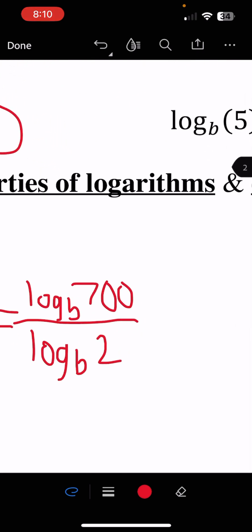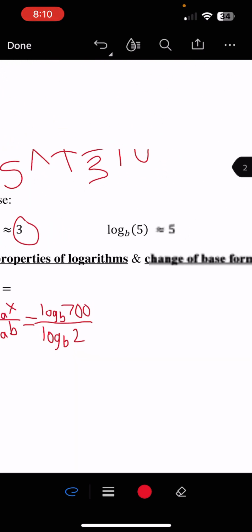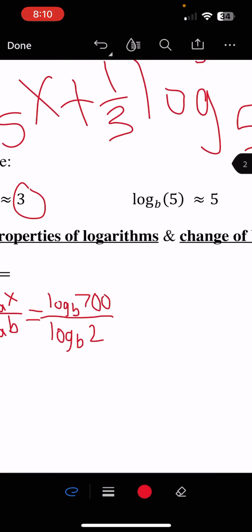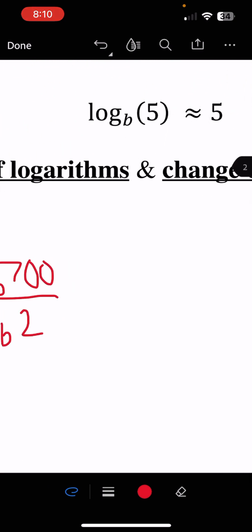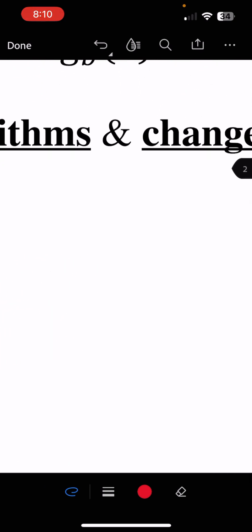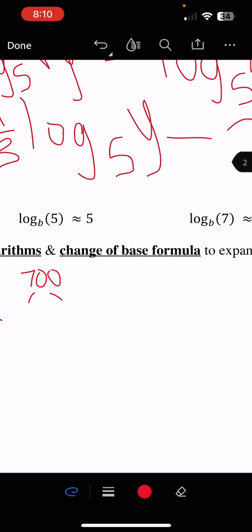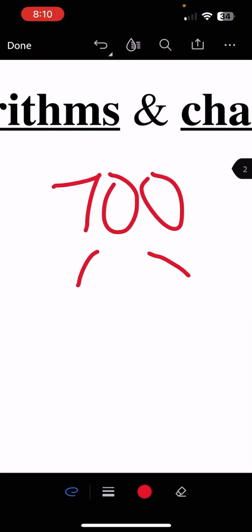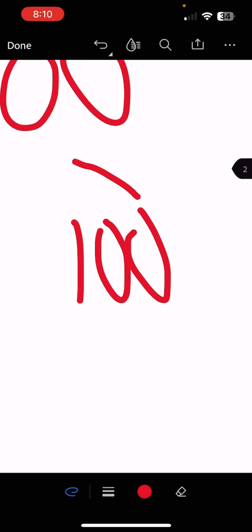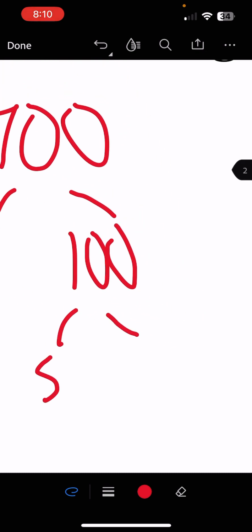And now I'm going to go ahead and split up 700, because you want to be able to use these numbers. That's kind of what they're wanting you to do. So I'm going to do it kind of how I do factoring, just splitting it up, right? So let's see, is there a 7? Yep, there is a 7. So I'm going to use that 7. We have one of the pieces now. And then 700 can be split into 100 and 7, and 100 into 50 and 2.